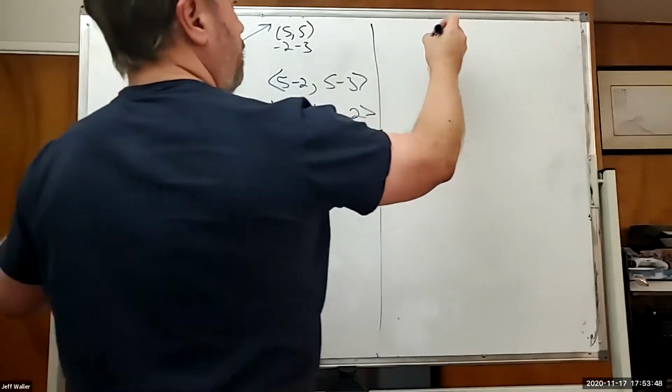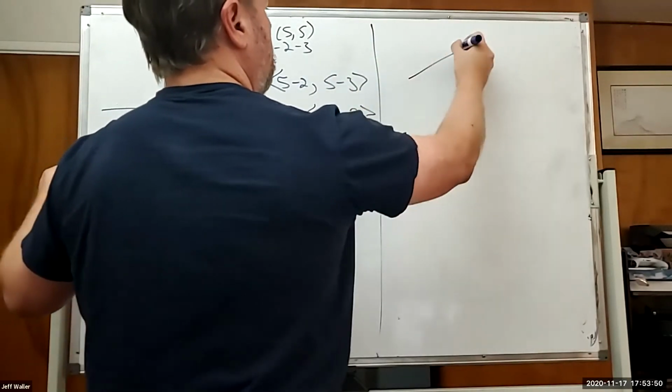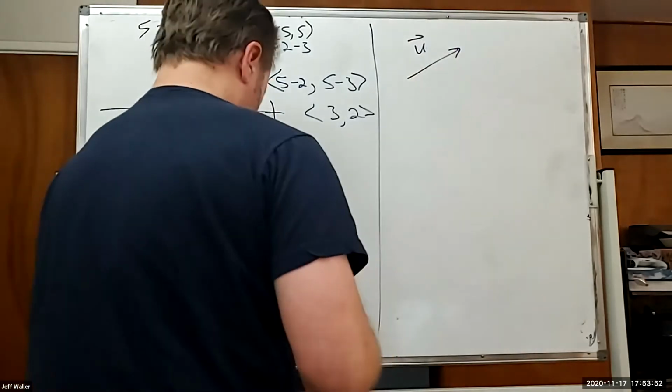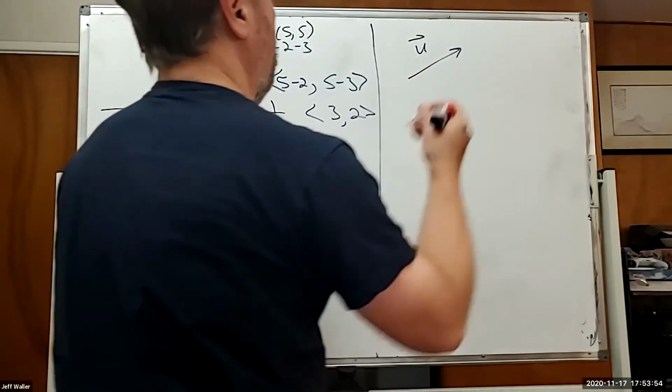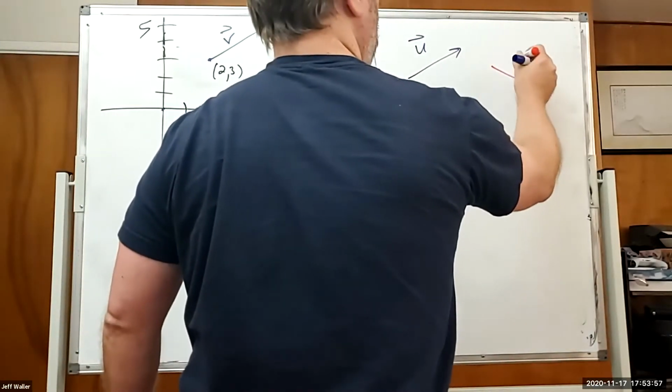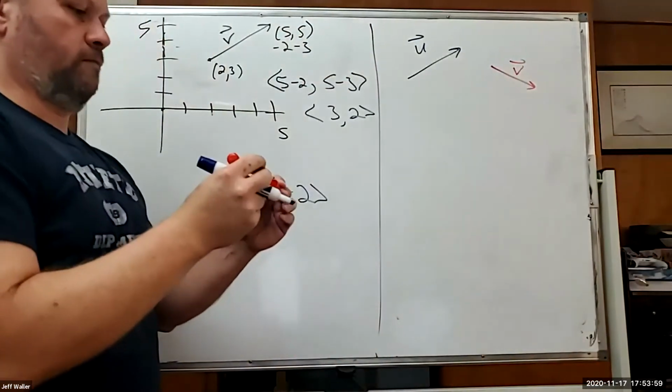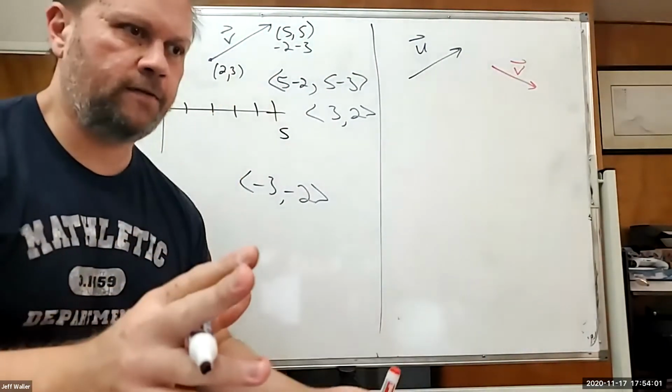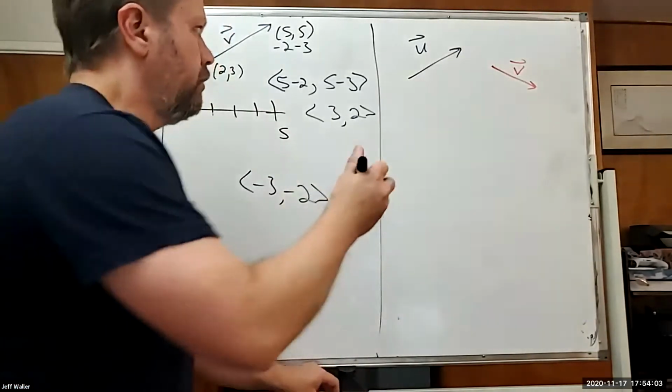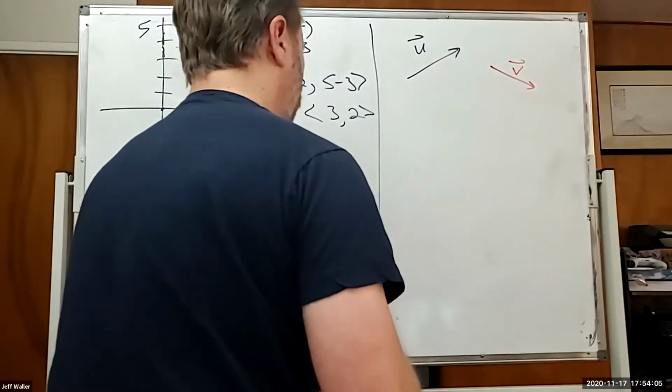So if I have 2 vectors, U and V, there they are, just hanging out in space. And I want to figure out what U plus V is.